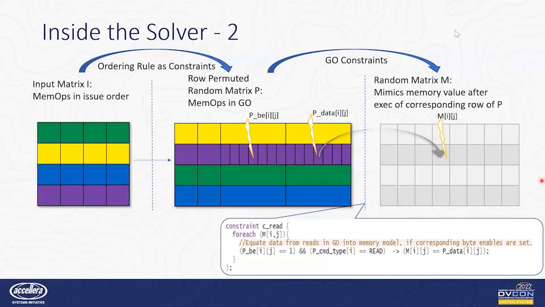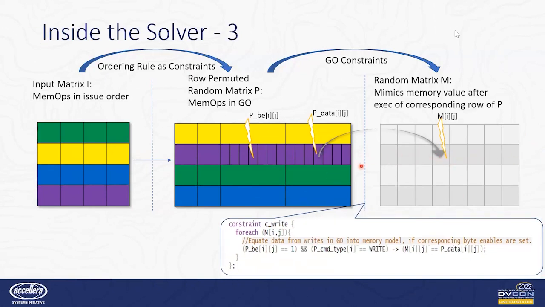Once we create this matrix, we will write three sets of constraints: two between the rows of P and M, and one between the consecutive rows of M. The first set of constraints, which is shown here, is saying that if row I of P is a read, then the read data is the same as the memory matrix data for that row.